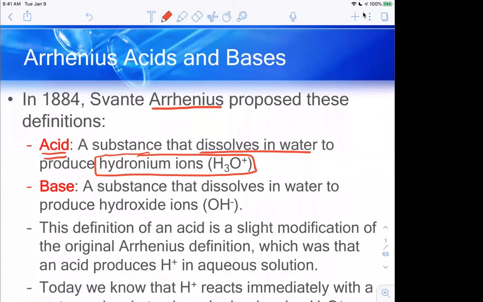A base is a substance that dissolves in water to produce hydroxide ions. This is a slight modification of the original Arrhenius definition, which was that an acid produces H plus ions in aqueous solution.